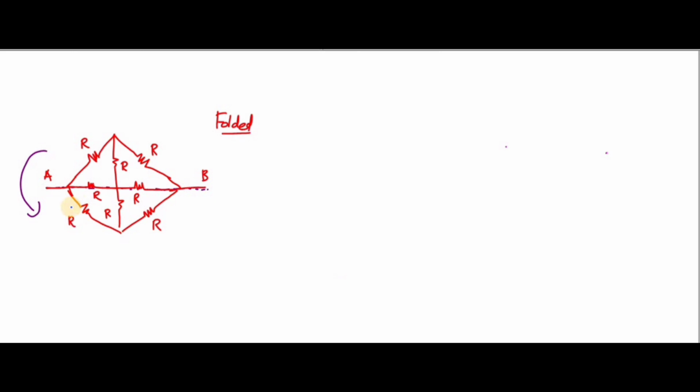So I can do this with folded symmetry also. The folded symmetry means, so A and B are there, so across this one only we need to find the R equivalent. So if I draw the blue line along this A and B, that is a folded line.